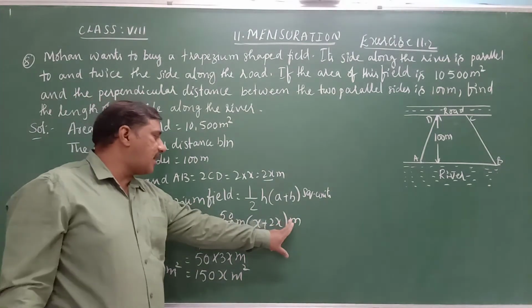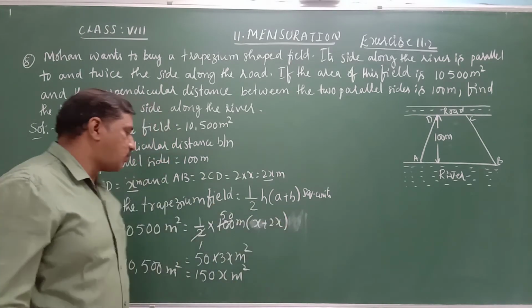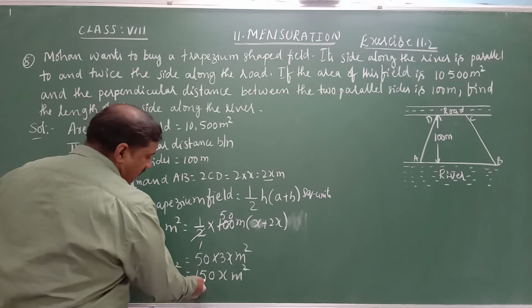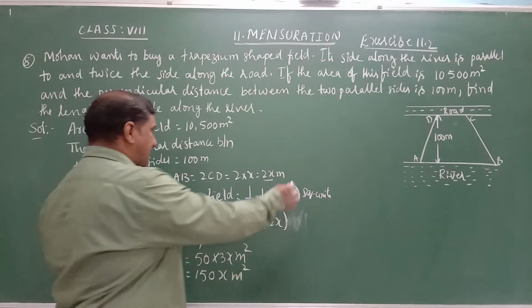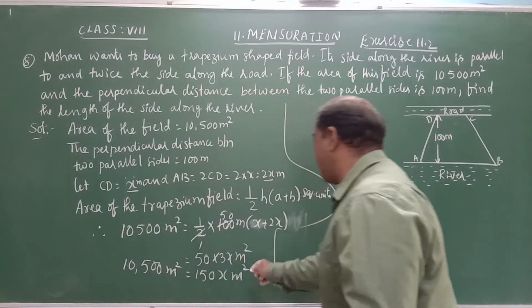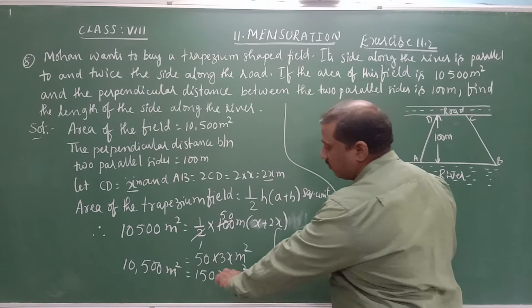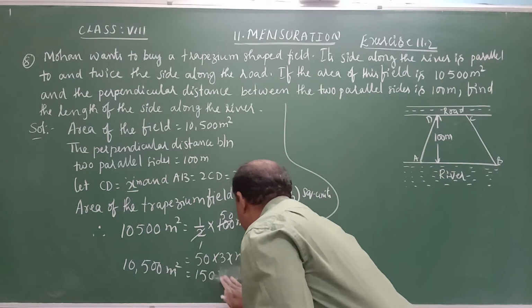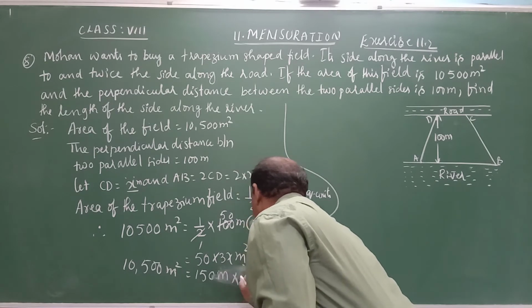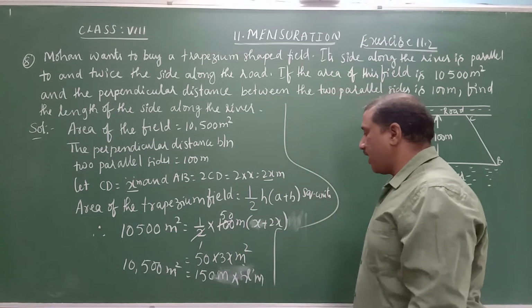You can keep here 100 meters into x plus 2x, that is 150 into x into meter square. Now simplify this, as we wanted to find x, so transpose 150 to that side. 150 meters into x meters.